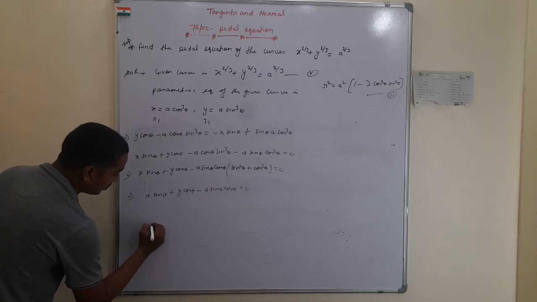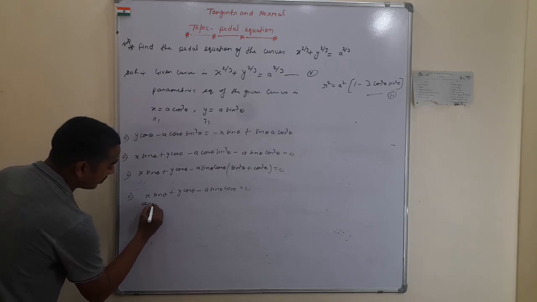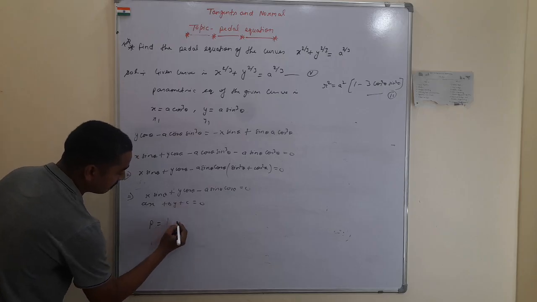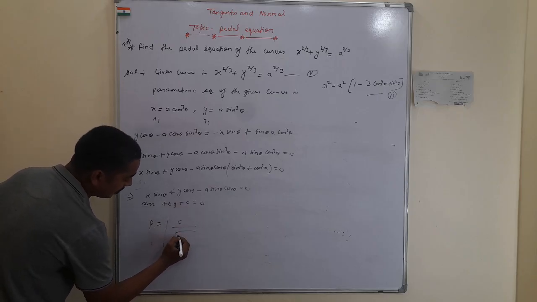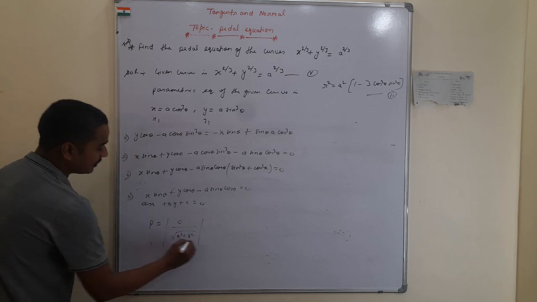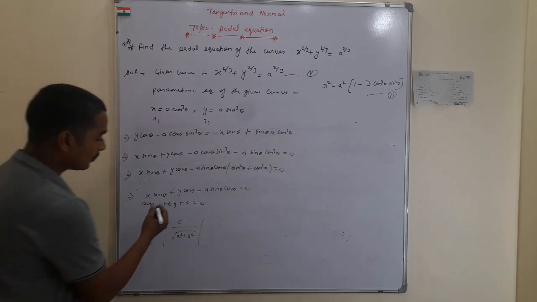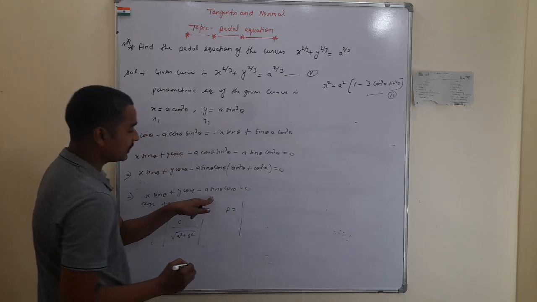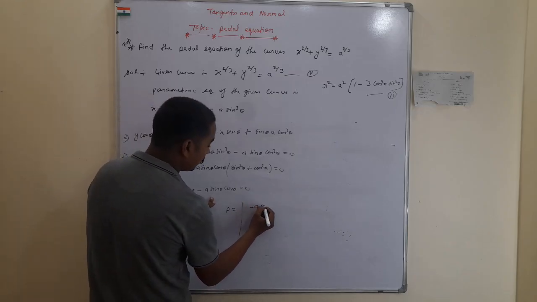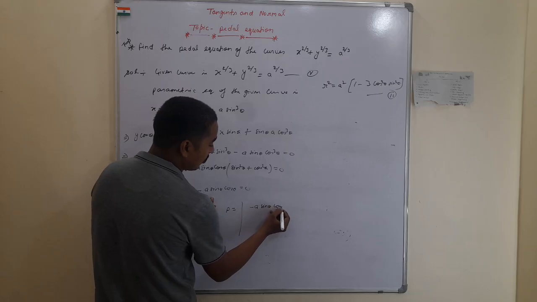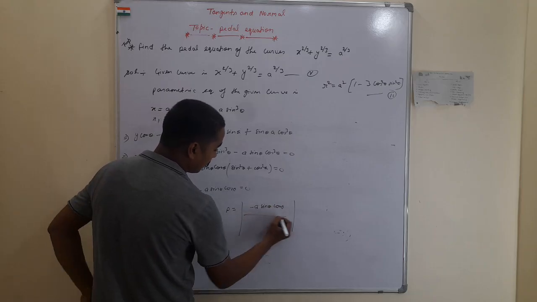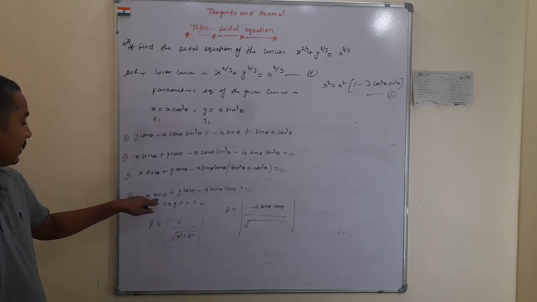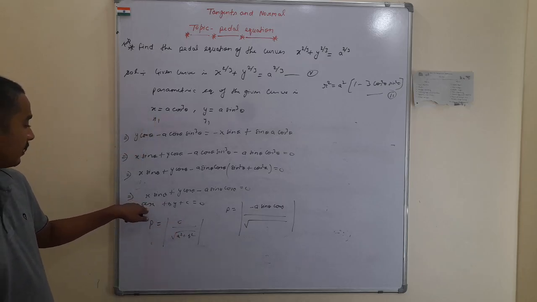from origin. This gives, comparing this equation with ax plus by plus c is equal to 0, the formula gives c upon under root of a square plus b square, coefficients of x and y. So we have to put in here. Then p is equal to c, which is minus a into sin theta into cos theta, upon under root of, here we put the coefficients.